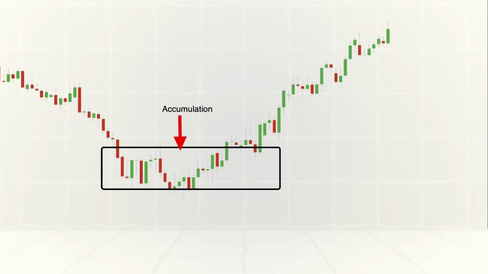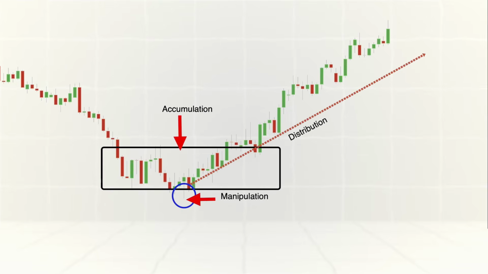Accumulation occurs first. During this stage, price consolidates within a range, moving sideways while liquidity builds. Next comes manipulation. In this phase, price is driven beyond important levels to trigger stop losses and induce breakout traders to enter, allowing larger players to access liquidity. The final phase is distribution.